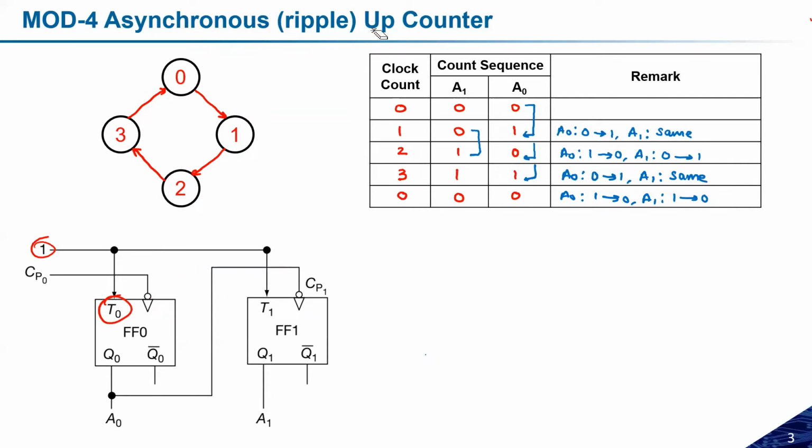Third thing that you will observe just by seeing the pictures: if the LSB, the Q0, is controlling the clock of the next stage, then we can call it the up counter. But if Q bar is controlling, then we can call it the down counter. Okay, so these are the things that are needed.